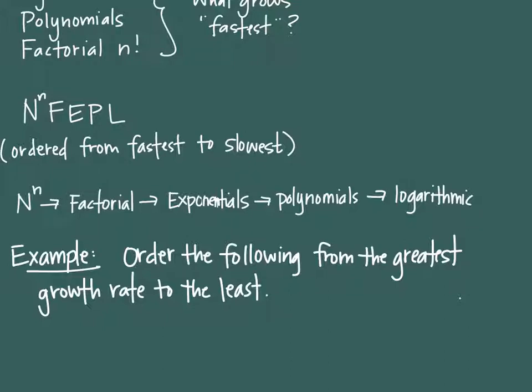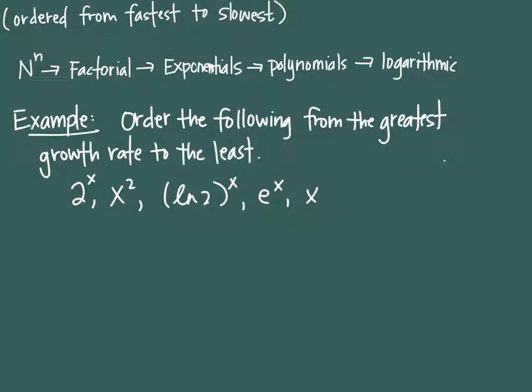You'll be given a list: 2 to the x, x squared, the natural log of 2 to the x, e to the x, and x to the x. Take those 5 and reorder them from the greatest growth rate, according to NFEPL, to the least growth rate.